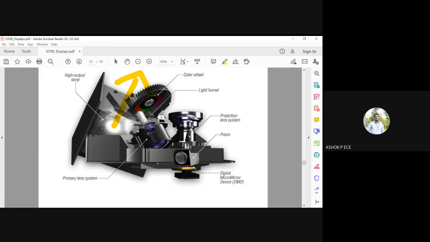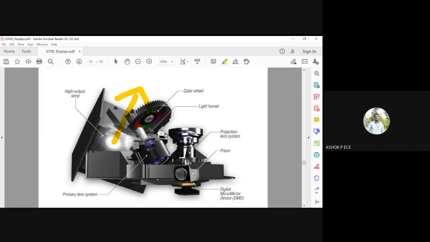So this lamp is going to project your information. And for the input to the DMD, you will have a light source, and you have a prism to focus the light onto the DMD, and it's reflected into the light funnel. So this is a somewhat advanced version of your DLP unit.